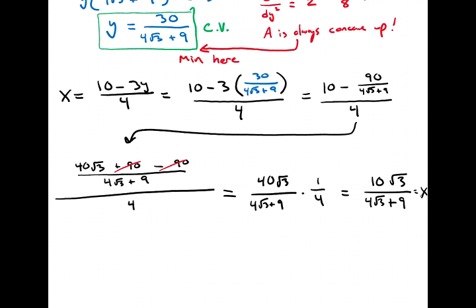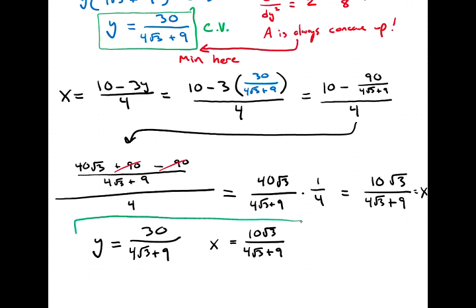All right, so looks like we're good. We solved for y. y is equal to 30 over 4 root 3 plus 9. That's the length of each side of the equilateral triangle. And we solved for x. That's 10 root 3 over 4 root 3 plus 9. That is the length of each side of the square.